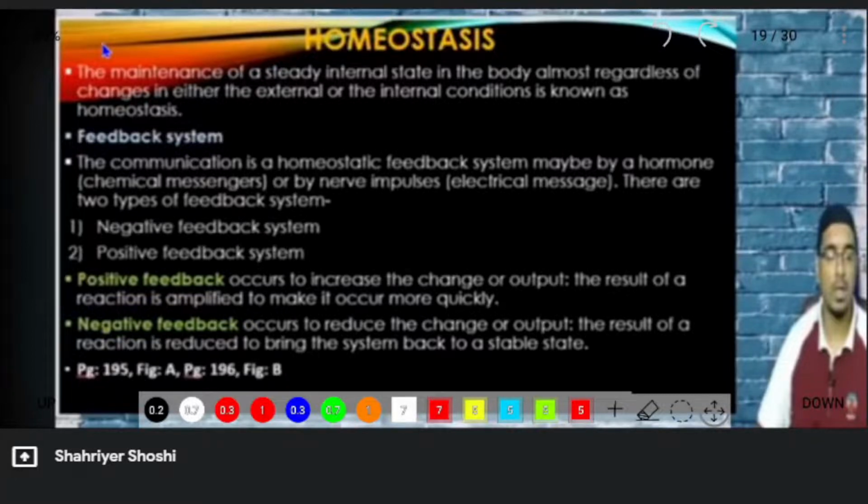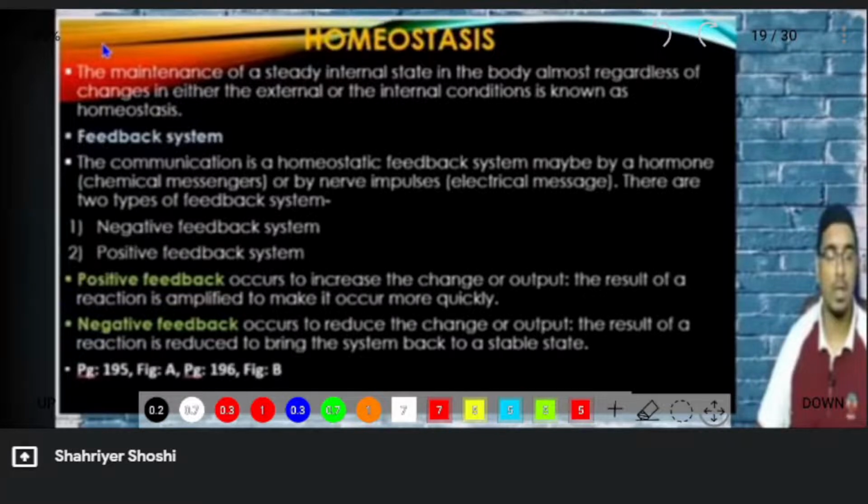Now, let's go into definitions. The communication of a homeostasis feedback system is made by hormones, chemical messengers, or by nerve impulses, that is, electrical messages. There are two types, positive and negative. The positive occurs to increase the change or output.